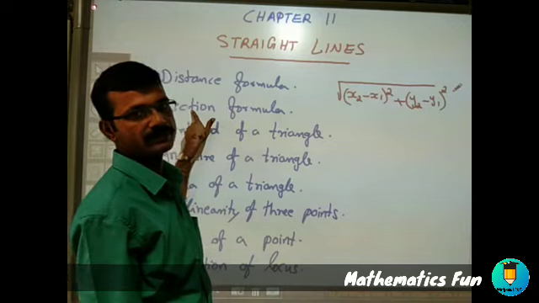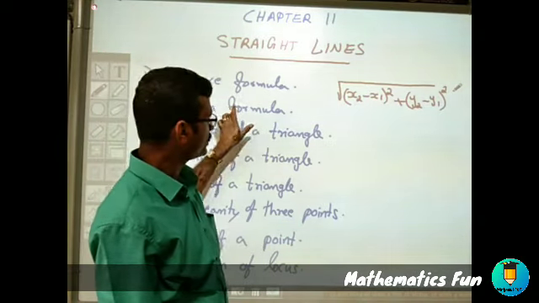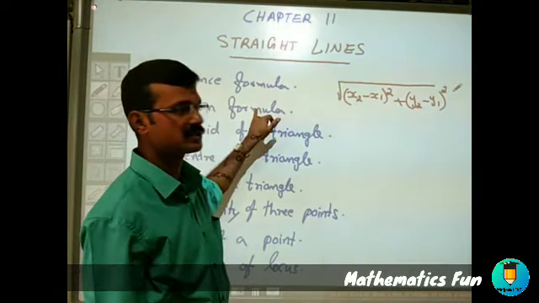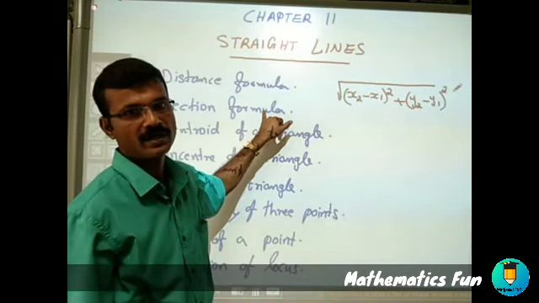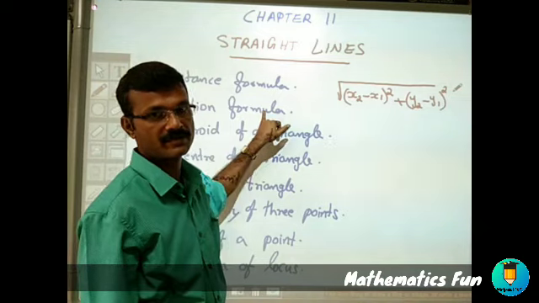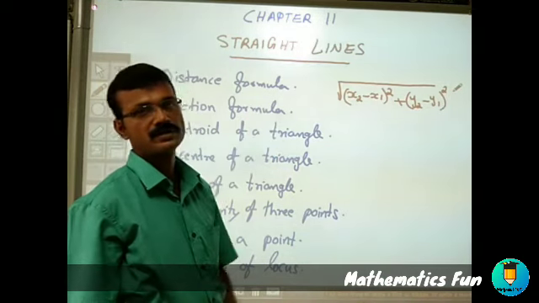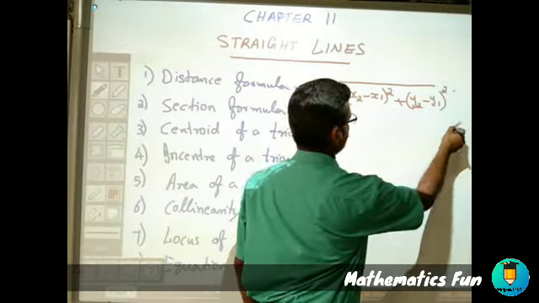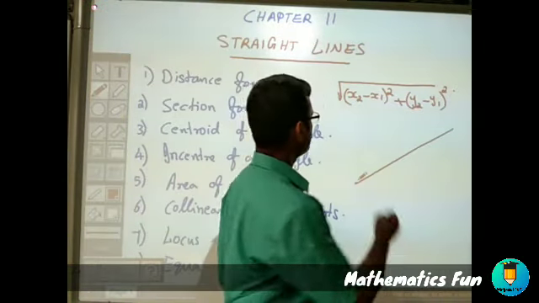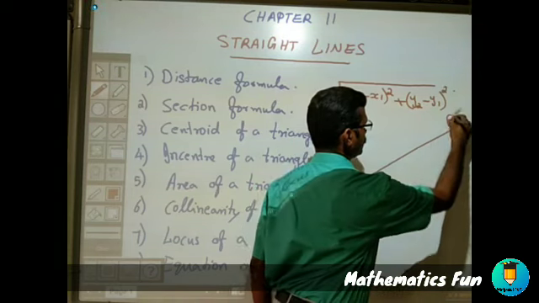Next, section formula. You studied the section formula. There are two situations of the section formula. One case is internal division and the second one is external division. Internal division you studied in standard 10. So what is it? Let there be a line segment AB.